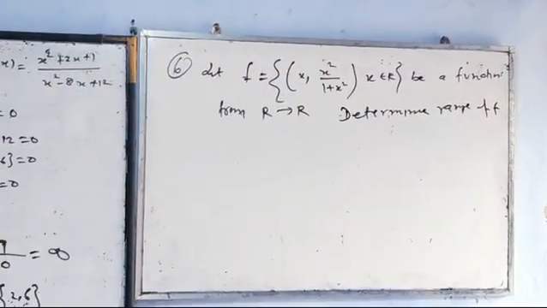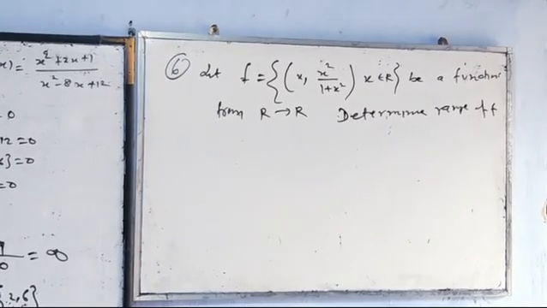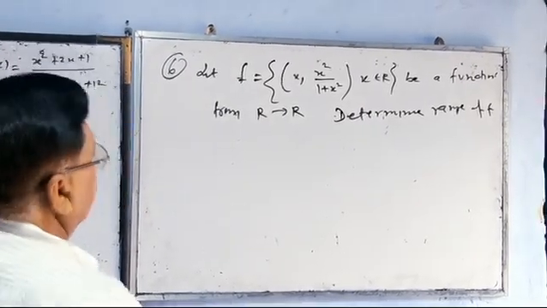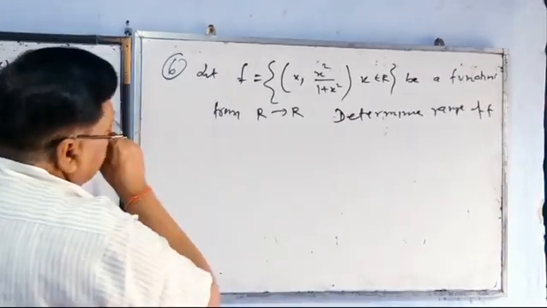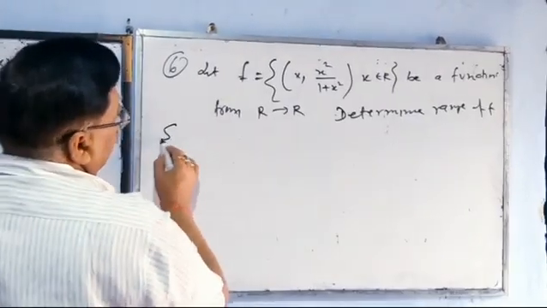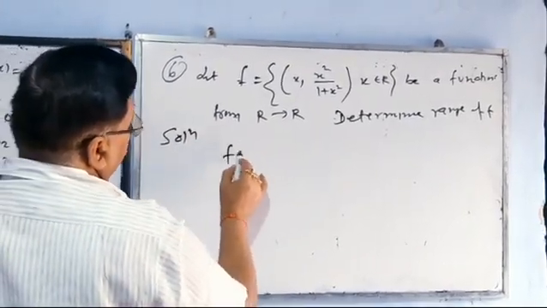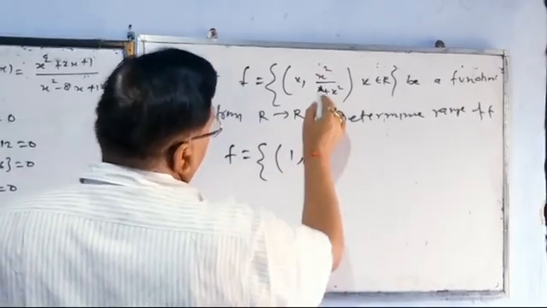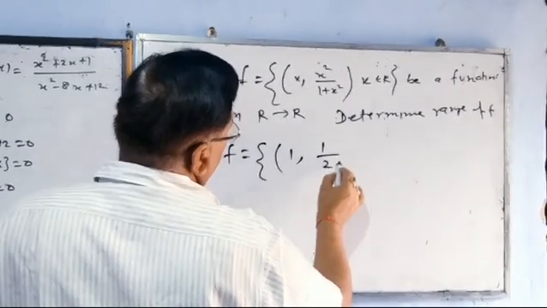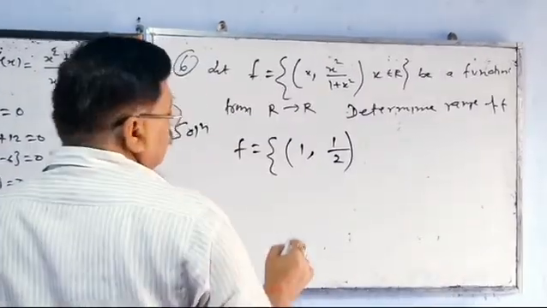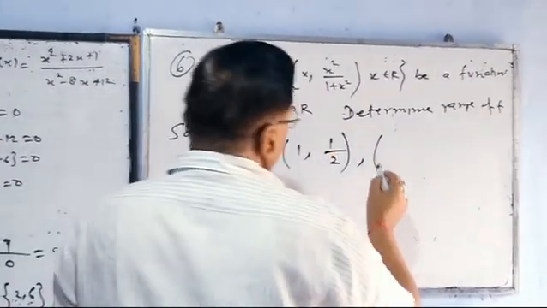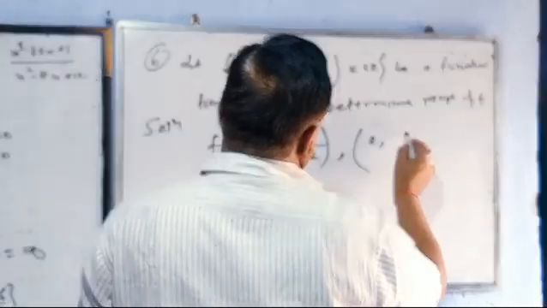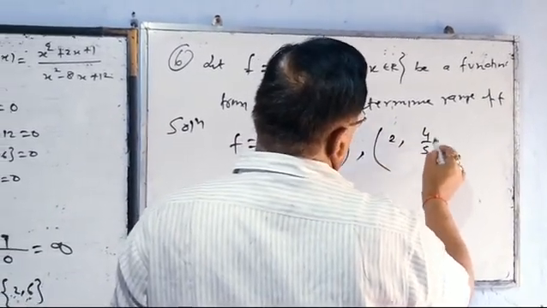Here we find the range, student. The function is given, x belongs to R. So we see the solution. If we take x as 1, then it will be 1 by 2. If we take 2, this will be 4 by 5.